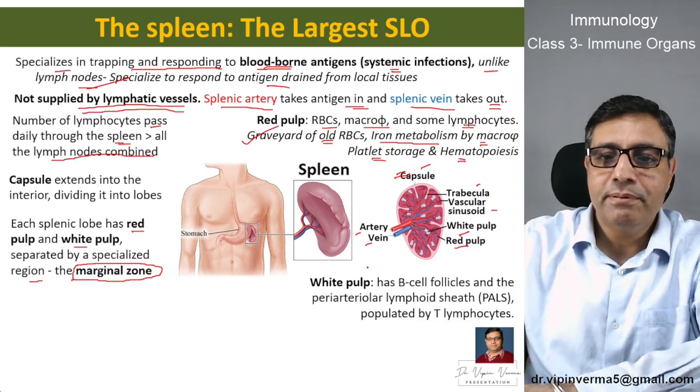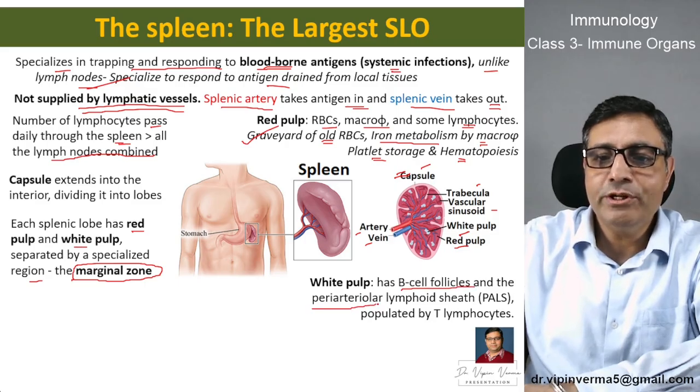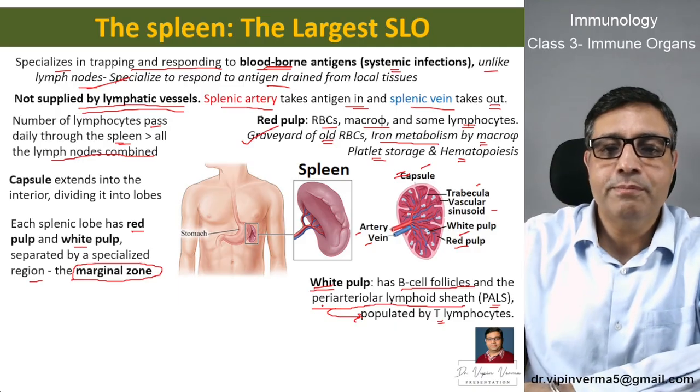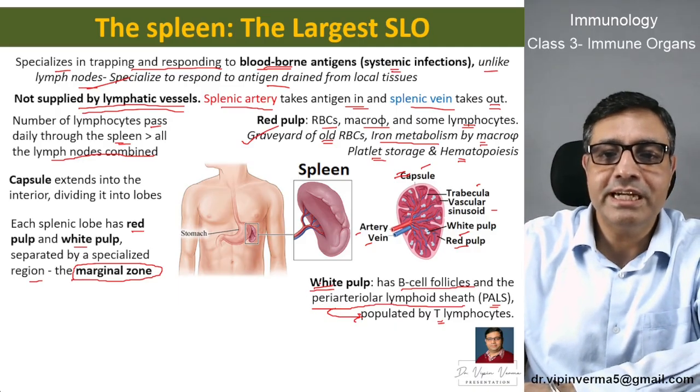While the white pulp has B cell follicles and the periarteriolar lymphoid sheath, which we call the PELS. This region is populated by T lymphocytes. Just for the sake of remembering, the white blood cell rich region is the white pulp.